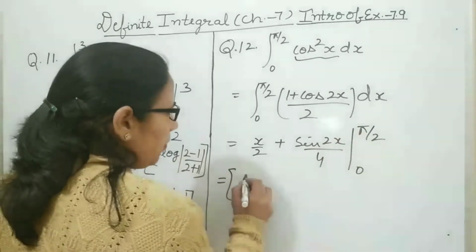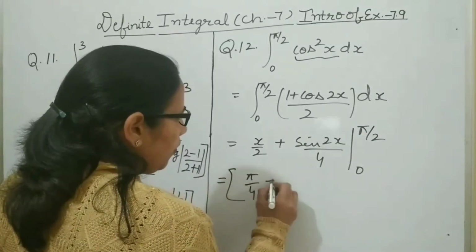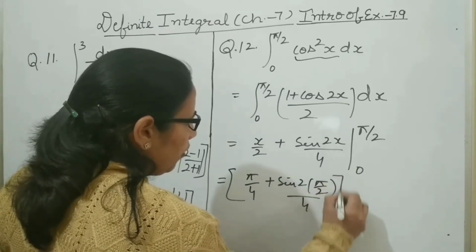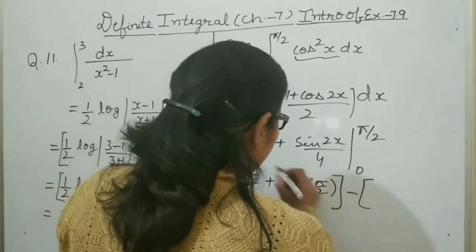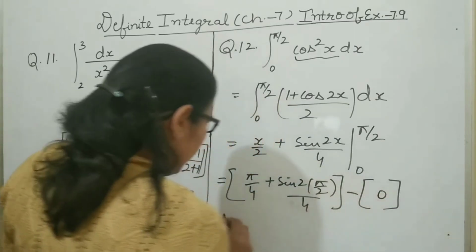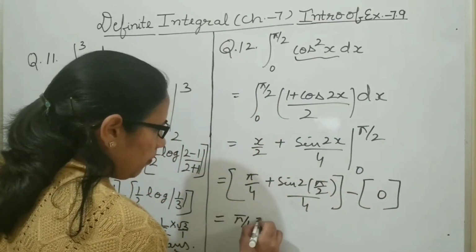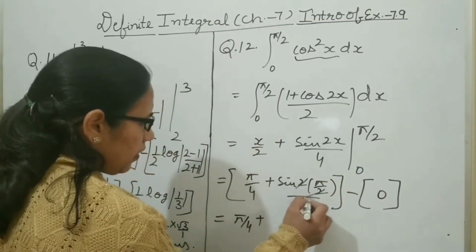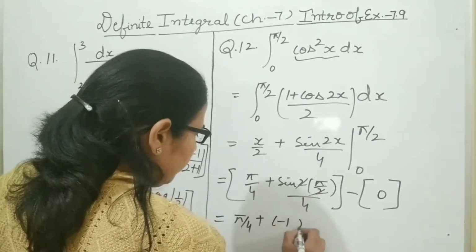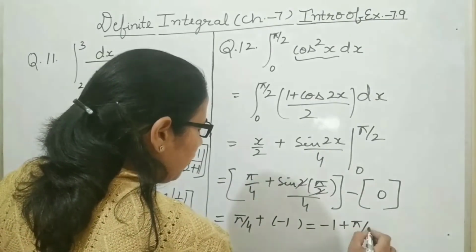So for the upper limit, pi by 4 plus sine 2 pi by 2 over 4, then use lower limit 0, and sine 0 is your 0. So answer is pi by 4 plus sine pi over 4. Sine pi is your 0. So pi by 4 is the answer.